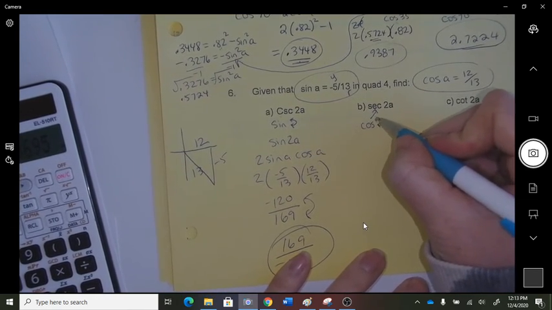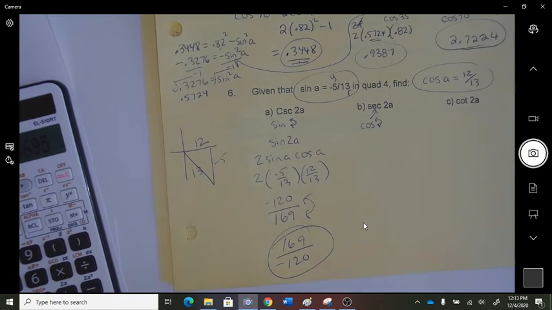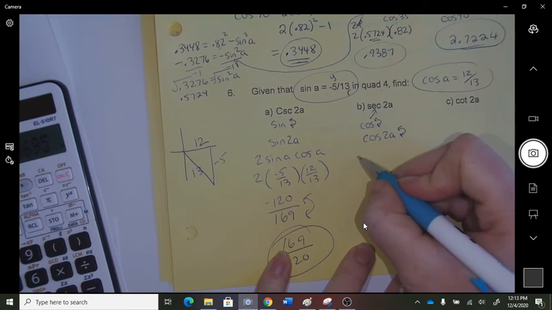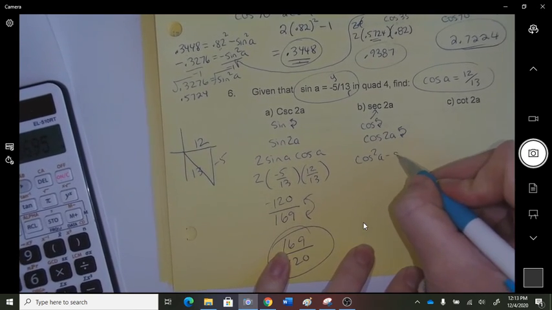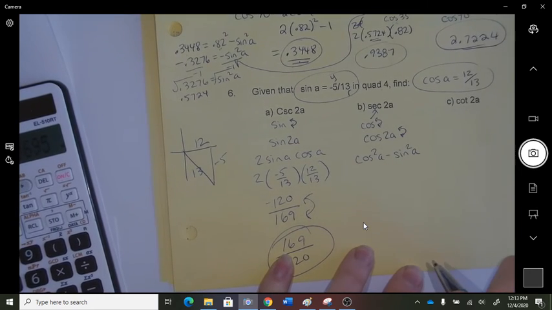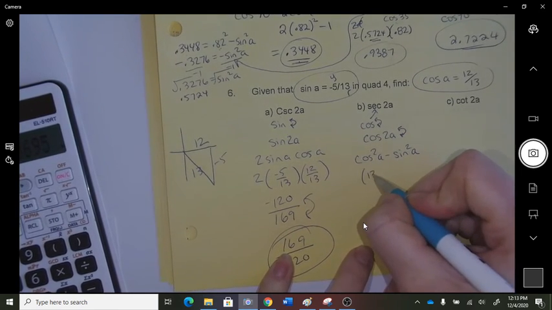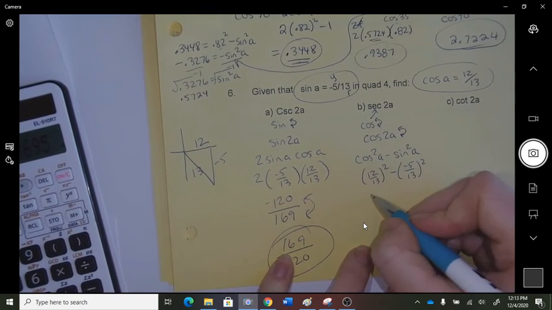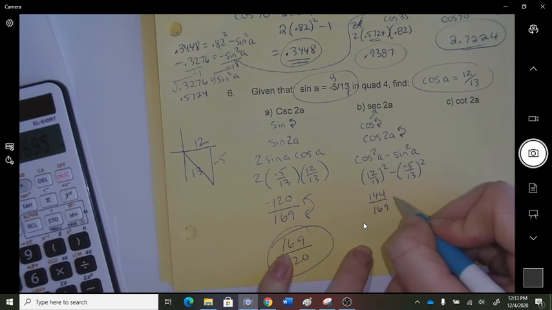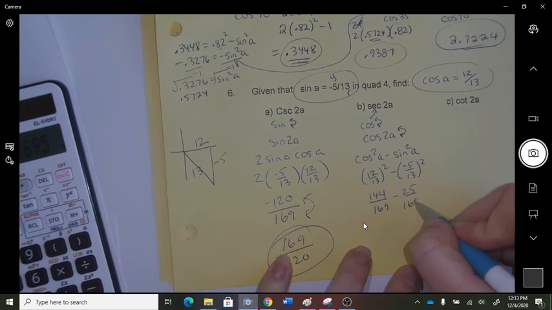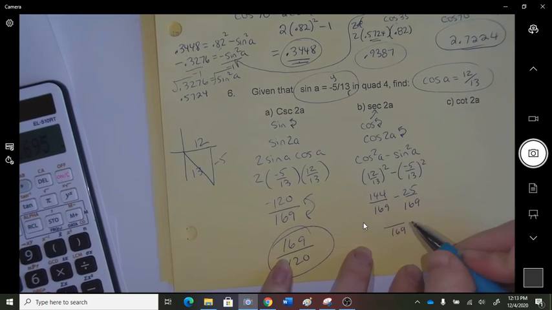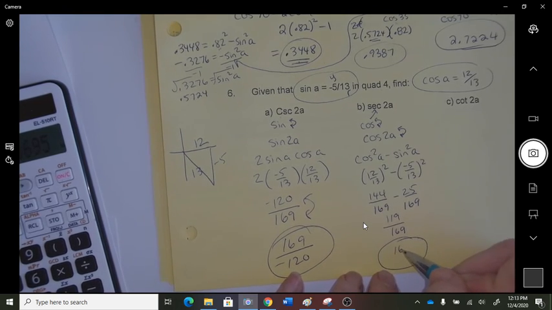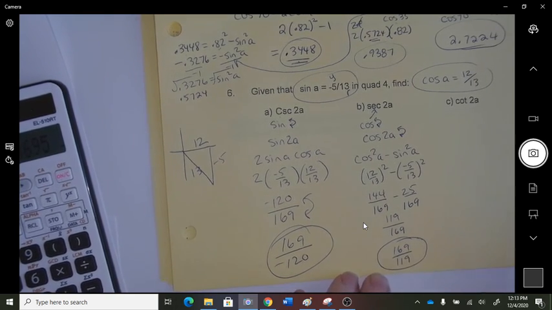This is secant, the opposite of cos, so I'm going to go find cos of 2a, and then I'm going to flip it. Okay, so using a formula, that's the formula sheet. So this trig value squared minus this trig value squared. So 144 over 169 minus 25 over 169. So that's 119 over 169. And then we have to flip it.